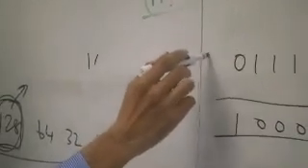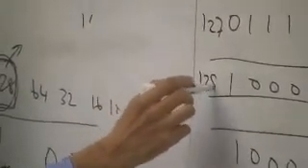In decimal values, you can go from 0, 1, 2, 127, 128, 129, 130, all the way to 255. So that's the range of values you can go for unsigned integers.